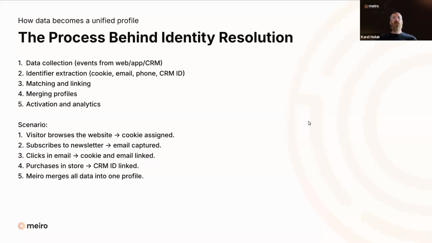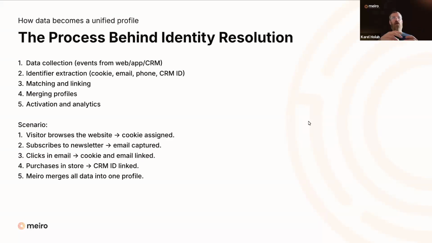What is the process behind identity resolution? Obviously, the first step is to collect the data. The data can be either collected directly, for example, through our web and mobile SDKs, or we can get the data from any kind of data storage, such as data warehouse, CRM systems, and so on.